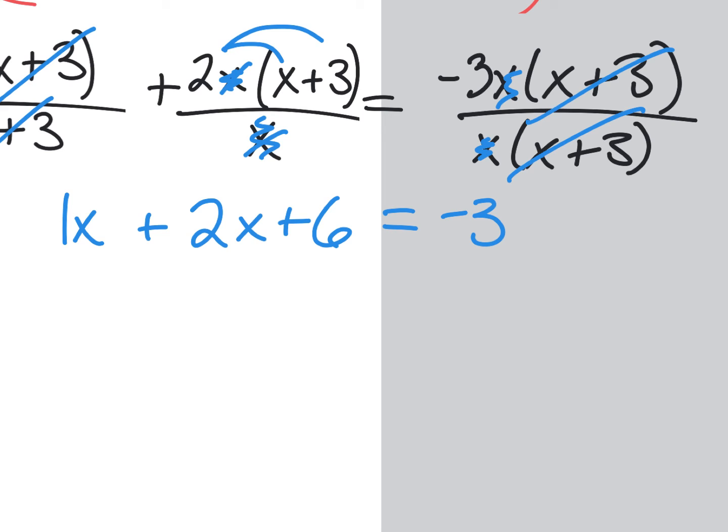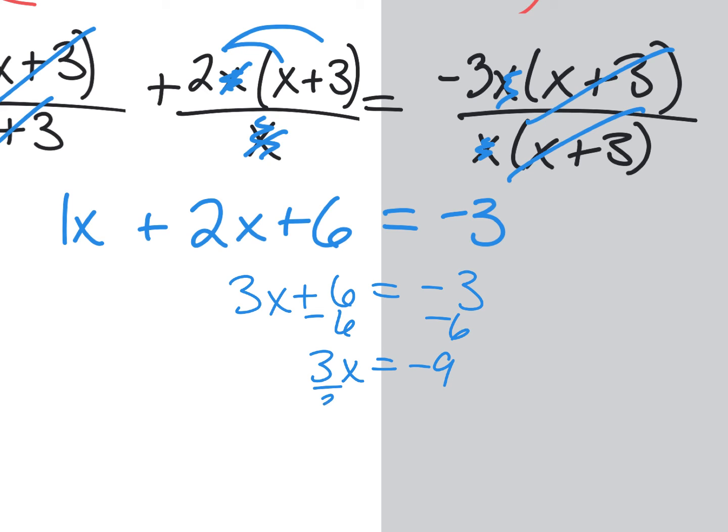Yes. 3x plus 6 equals negative 3. Thank you, my bad. I thought it was right. Now? Okay. So 3x equals, you get 9. And then you divide it and x equals negative 3. Perfect.